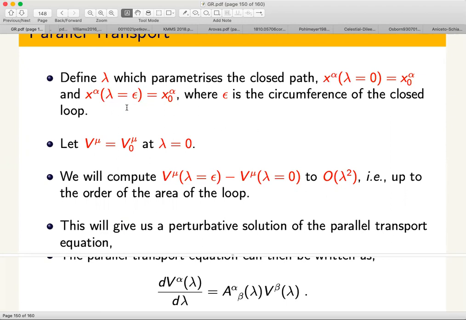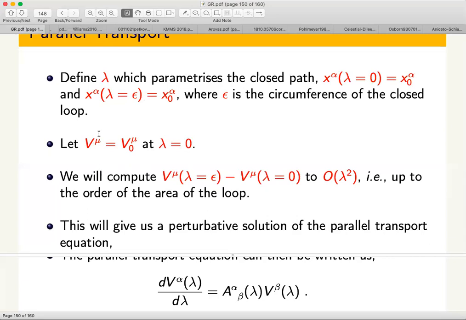I could have still parameterized that as lambda equals 0 to lambda equals 1, but the reason to do it this way is to emphasize that the circumference of the closed loop could be measured in terms of the parameter lambda. One could also define the circumference to be epsilon times lambda, and lambda could go from 0 to 1. But anyway, that is the way we want to define the closed loop.